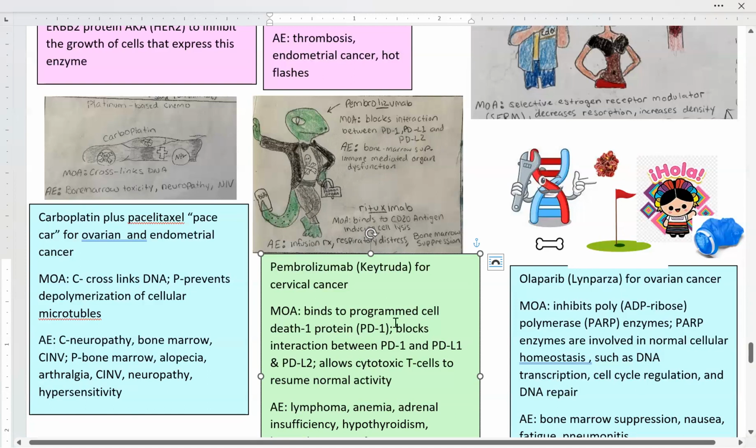So they bind, and undercover cops are usually like looking to kill someone. So they bind to programmed cell death 1, so PD1, which blocks the interaction between PD1 and PDL1 and PDL2 and allows cytotoxic T cells to resume normal activity. He's kind of standing with his arms in a T. Not really, but just use your imagination. So cytotoxic T cells. And ignore this bottom one.